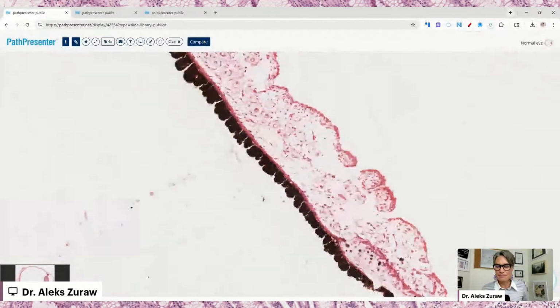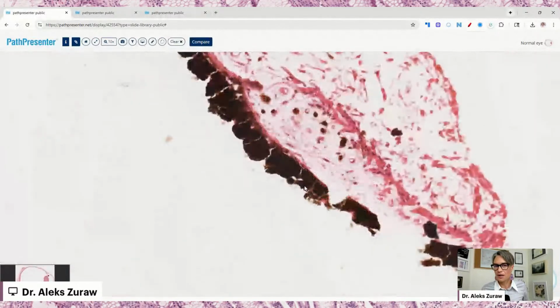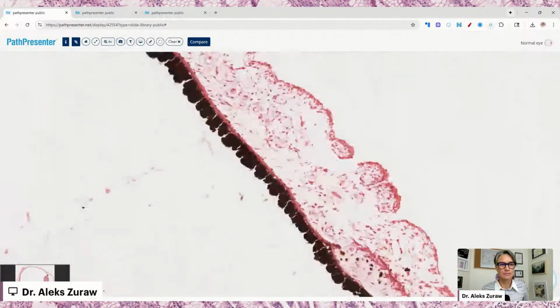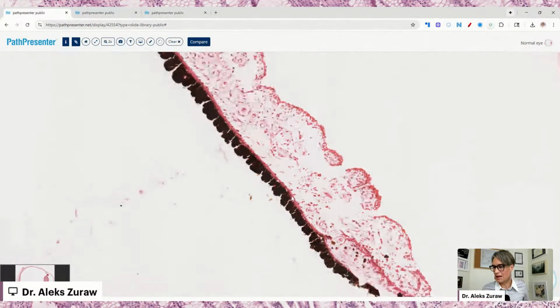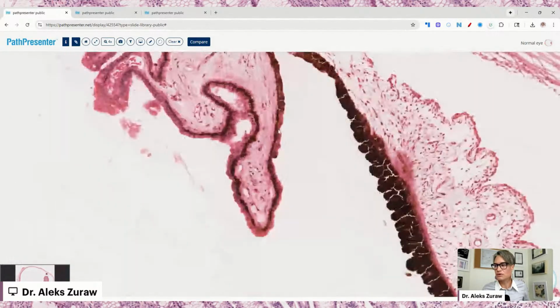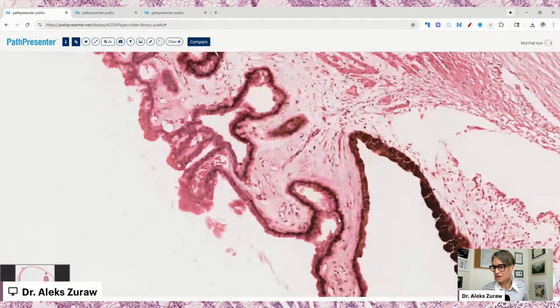But it's dark. You can see that it's dark. It's melanin rich. It's pigmented, right? And we're going to be talking about this pigmented epithelium. It extends also to the ciliary body, all the stuff that is dark. And it's called retinal pigmented epithelium.